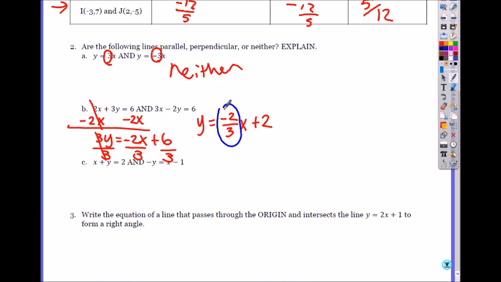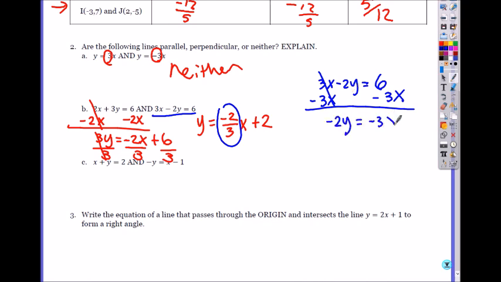What about the second line? What is the slope? Can you tell the slope by just looking at it? Yeah, but go ahead and solve it, okay? So it's 3x minus 2y equals 6. Subtract 3x. You're solving for y, so you have to move everything but y. So it's negative 2y equals negative 3x plus 6. You put x first.